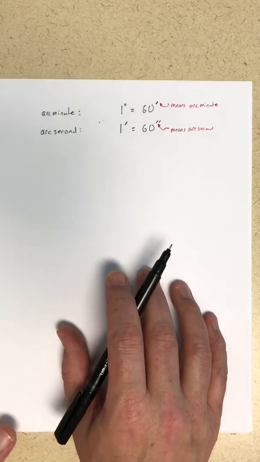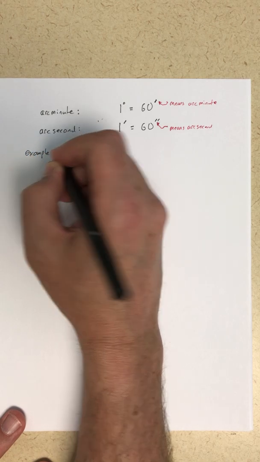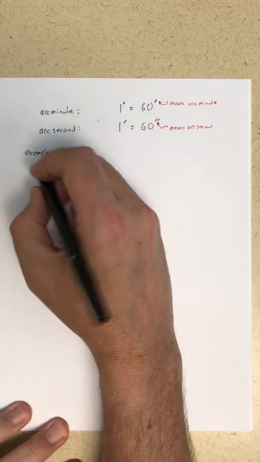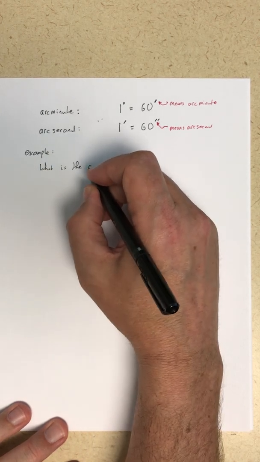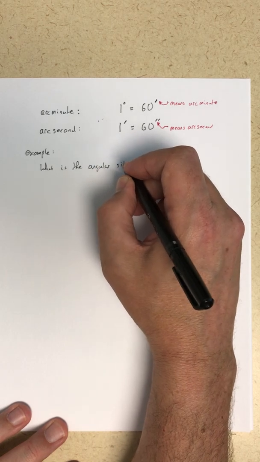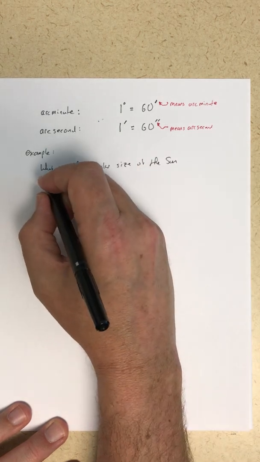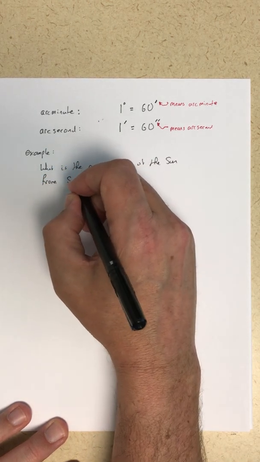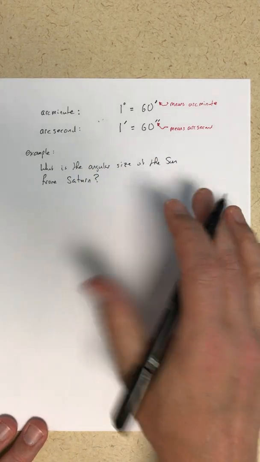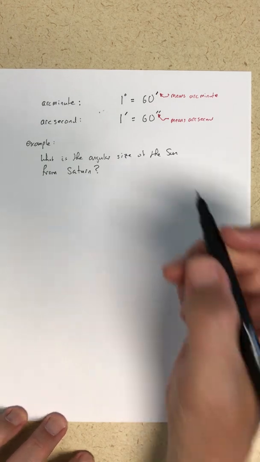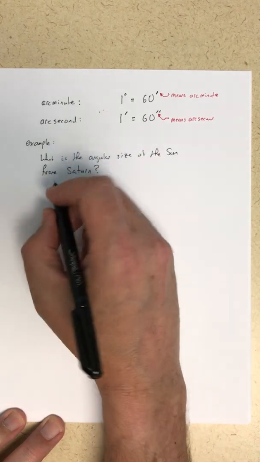All right, so let's try an example. What is the angular size of the sun as viewed from Saturn? So we're going to flip into the appendix of our textbook and look up a couple pieces of information that we need to answer this.